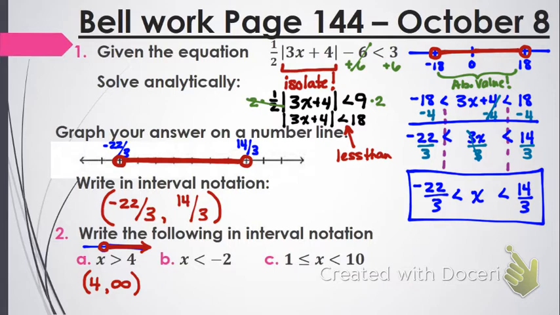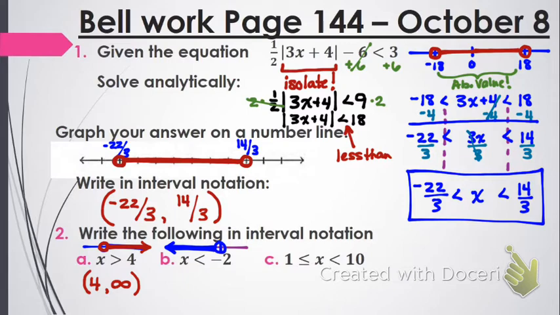For part B, it's going to go this way because it's a less than, right? So it's shaded to the left side. I always start off in my interval notation describing the smallest thing that's shaded in, the thing farthest to the left.